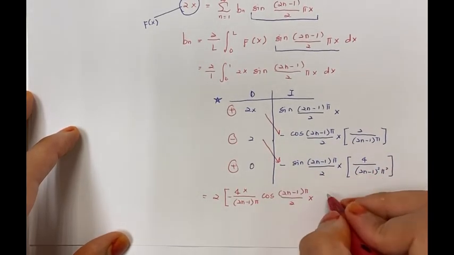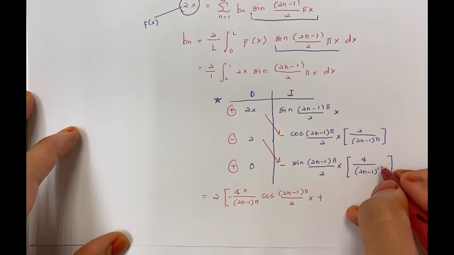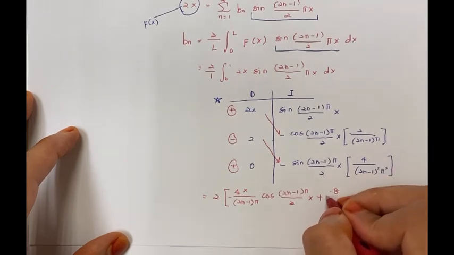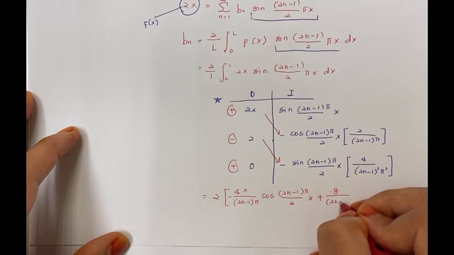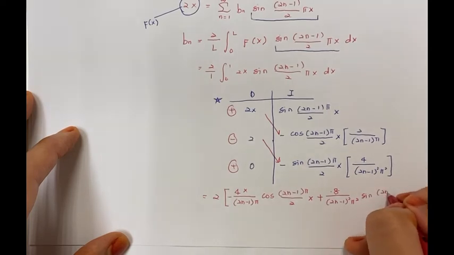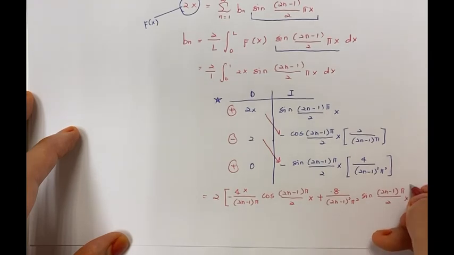Minus minus will be plus. 2 multiplied by 4 is 8, so 8 over (2n minus 1) squared pi squared, sine of (2n minus 1) pi divided by 2 x, with limit from 0 to 1.